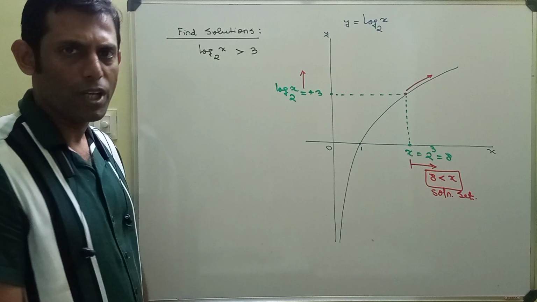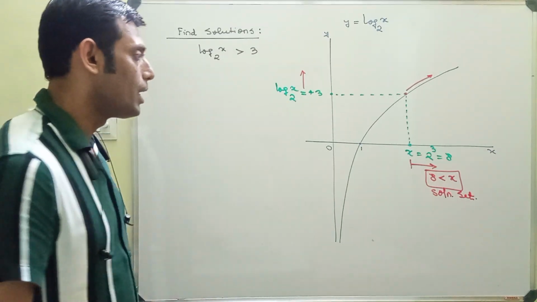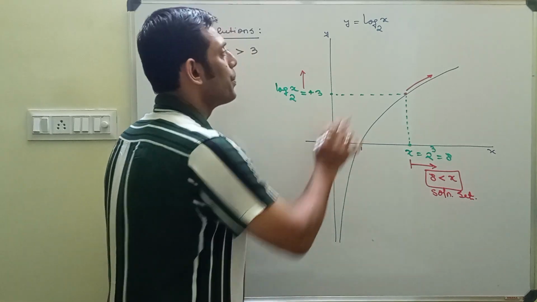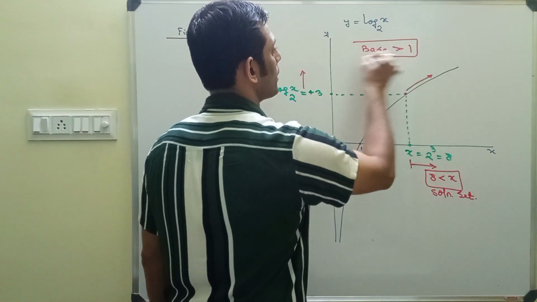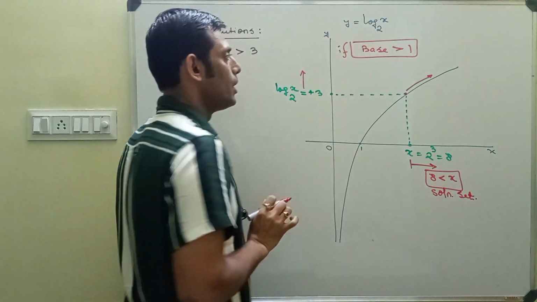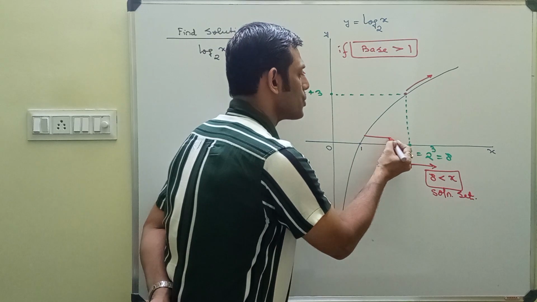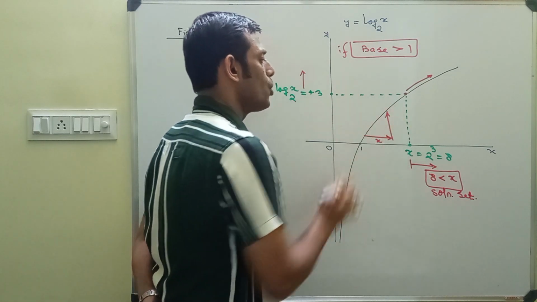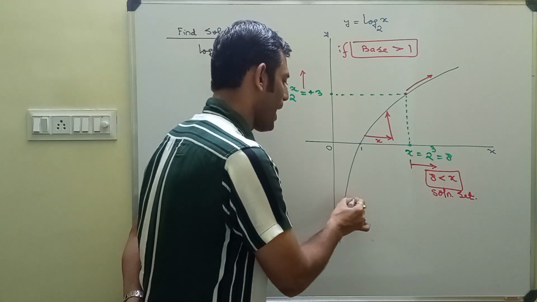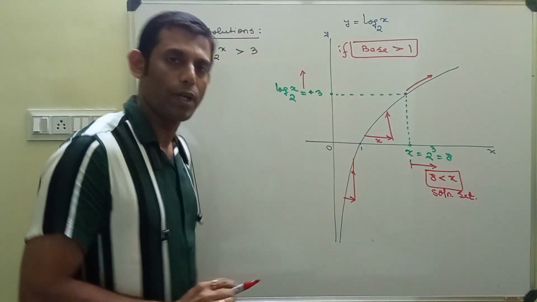Now, how do we reach this? On a simple basis it is like this. When the function has a base greater than 1, then what happens is, as x increases, the log values also increase. You observe for any two points, as x increases, the log value also increases.